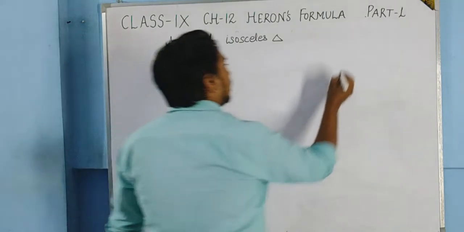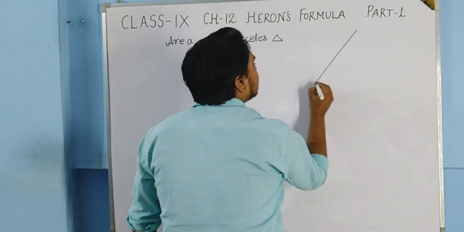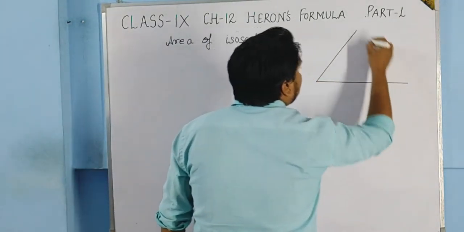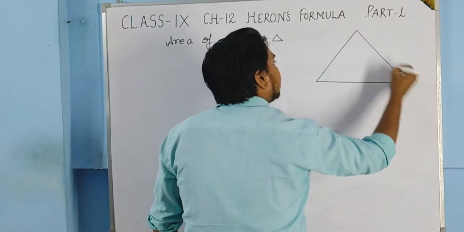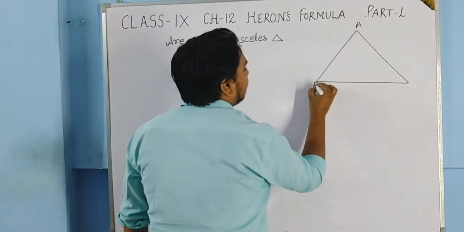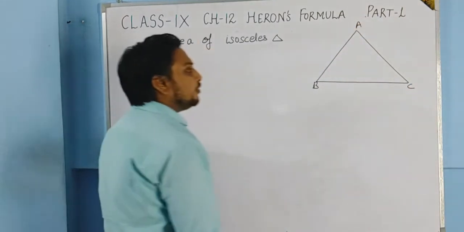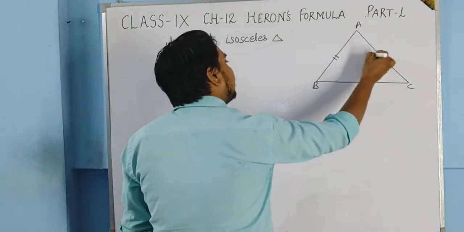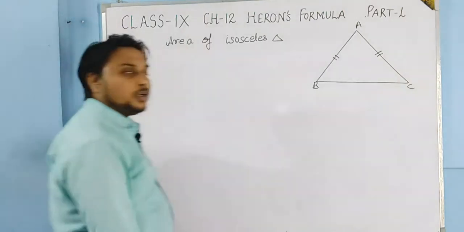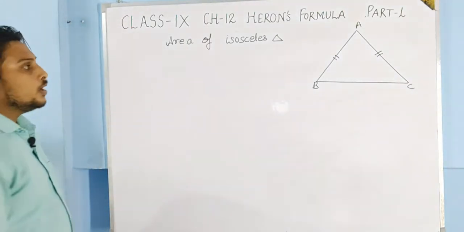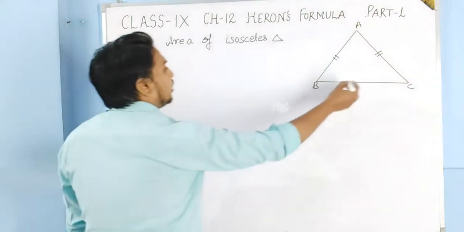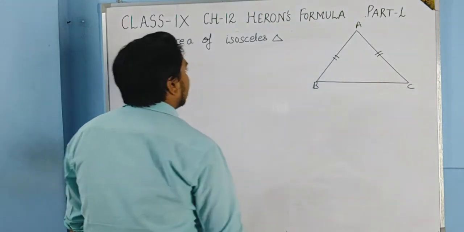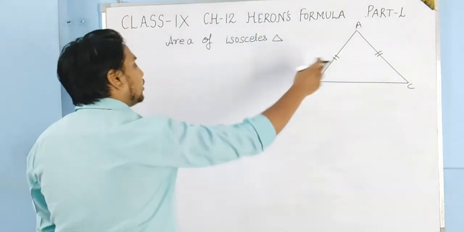Okay, the basic property of isosceles triangle is its two sides are equal to each other. Means if here is the triangle ABC, then its sides AB and AC will be equal to each other. Its third side is not equal to both equal sides.